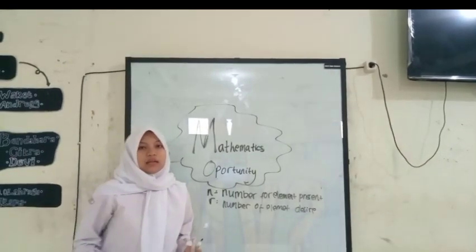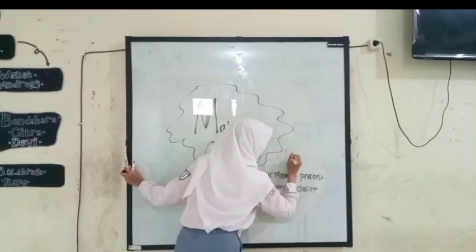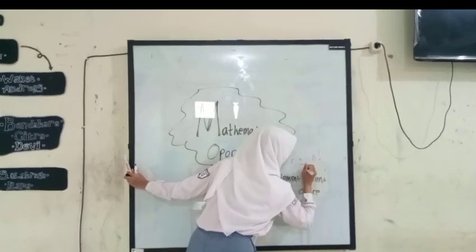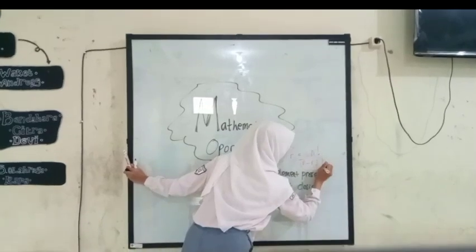And then the formula is nPr equals n factorial per n minus r factorial.